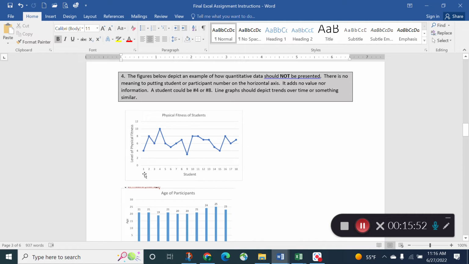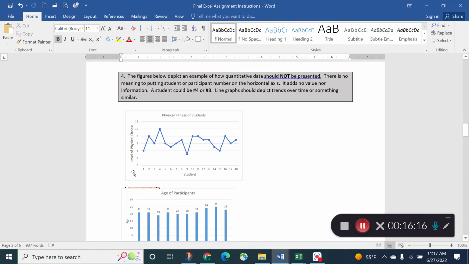Here, the person numbered each of their participants. They had 18 people, so here's person number 1, person number 2, person number 3, all the way down through person number 18. These are student numbers, and here are fitness levels on the vertical axis.